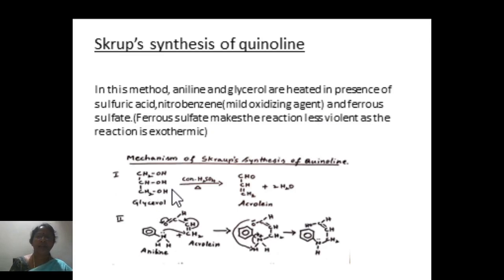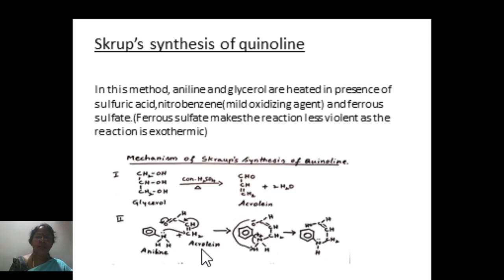Getting into the mechanism of Skraup's synthesis of quinoline. In the first stage, glycerol, when heated with concentrated sulfuric acid, undergoes dehydration to form acrolein, which is aldehyde having a double bond.